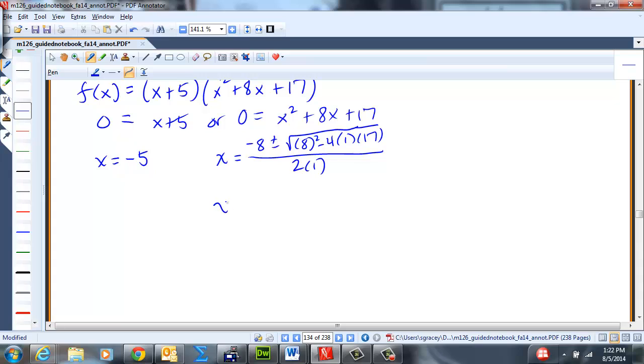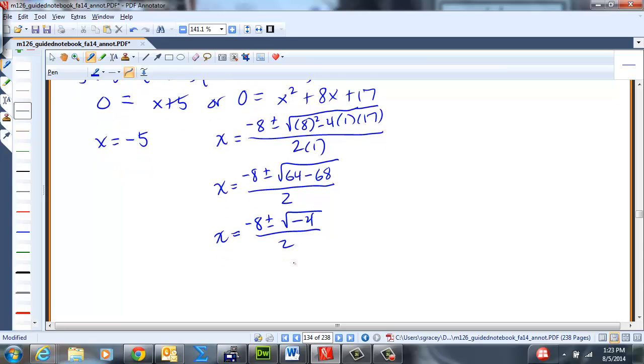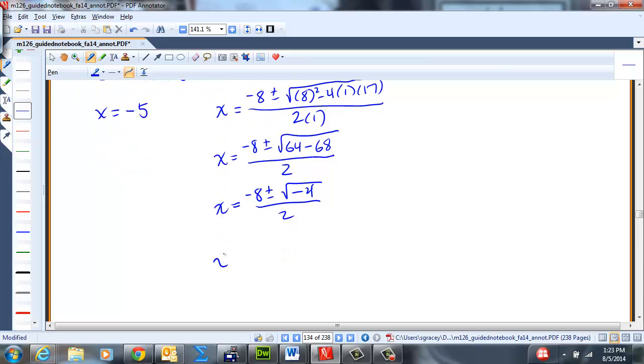And we will have x equals negative 8 plus or minus root 64 minus 68, all over 2. So x will be negative 8 plus or minus the square root of negative 4 over 2. And we'll have x equals negative 8 plus or minus root 4 times root negative 1, all over 2.